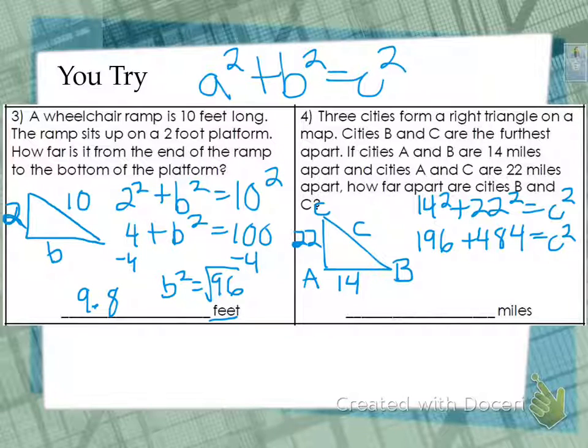Adding those together gives me 680 equals C squared. Finding the square root of that tells me that cities B and C are 26.08 miles apart when rounded properly.